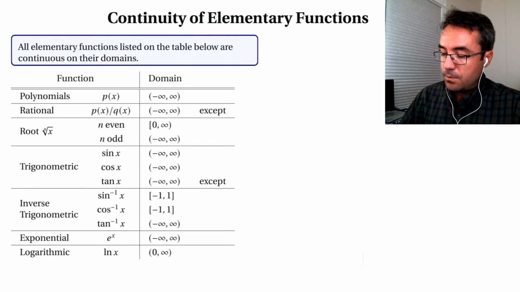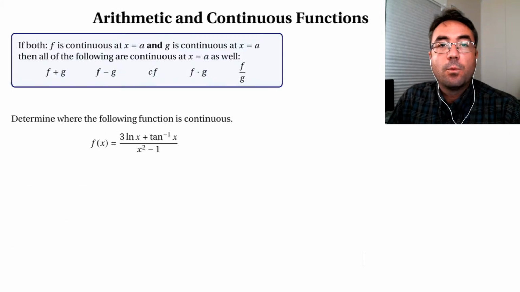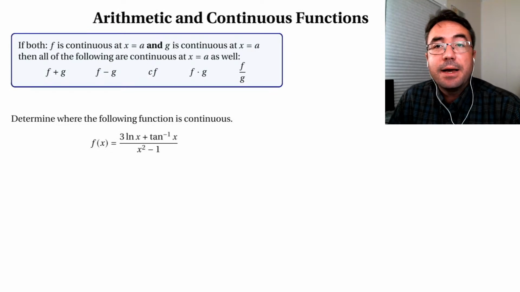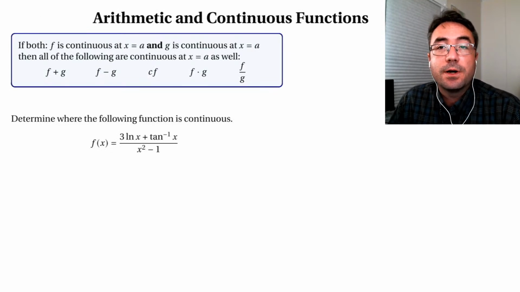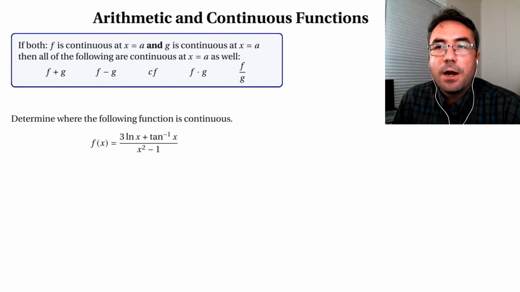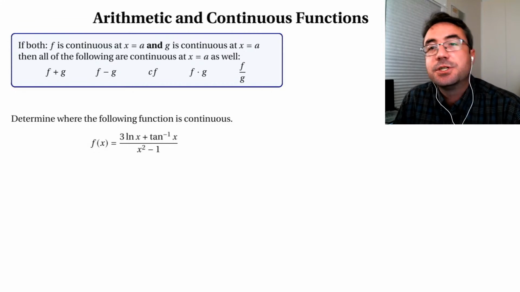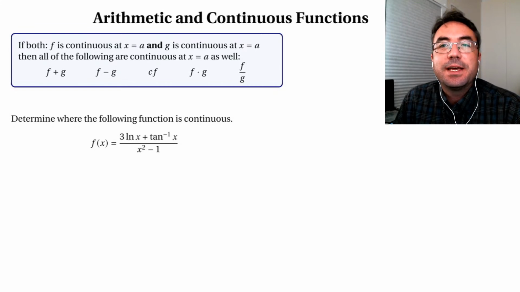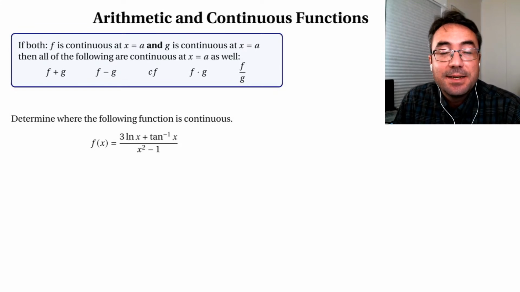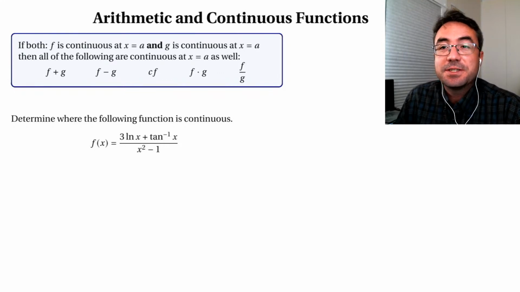And what we're going to see today is, well, we can combine them to form new functions. All right, so how can we combine them? Well, with just usual arithmetic. So we can add two functions, we can subtract, we can multiply by a constant, we can multiply two functions, we can divide two functions.